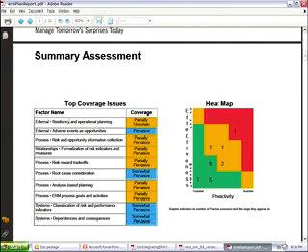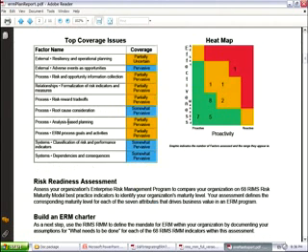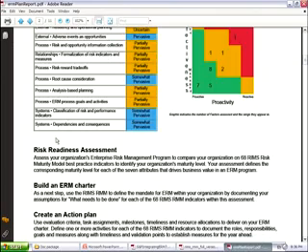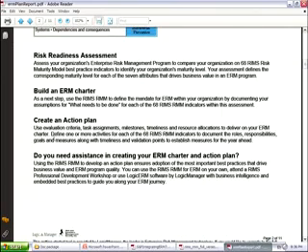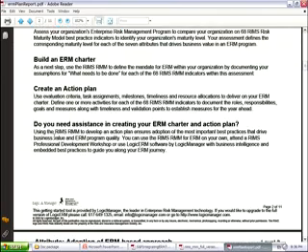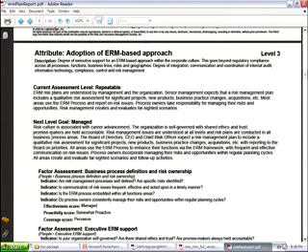This is the output of their little process. I just went through it, and I'm not sure how it relates directly to their model, but it gives you a bit of a guide as to what the maturity is. So the first attribute here is adoption of ERM-based approach, with a discussion about it.